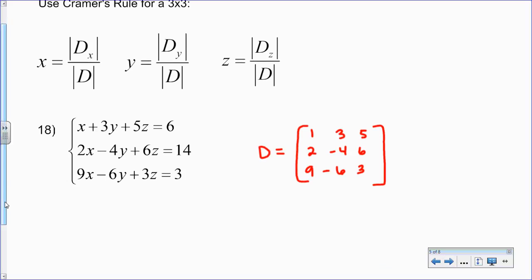Okay, so then dx: I'm copying down y and z from D, and then I'm replacing x with my constants, the numbers after the equal sign.